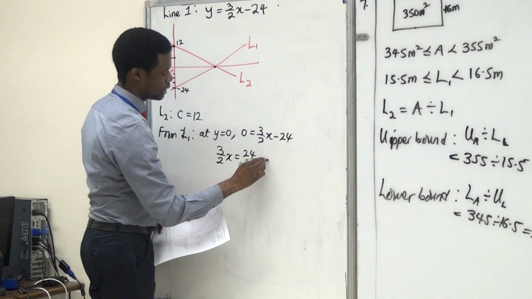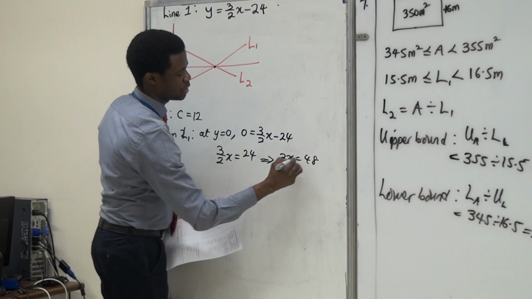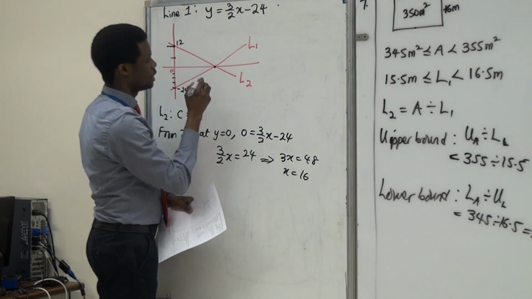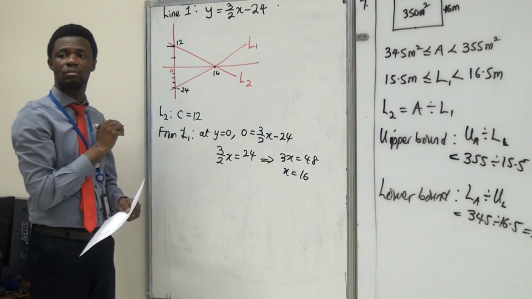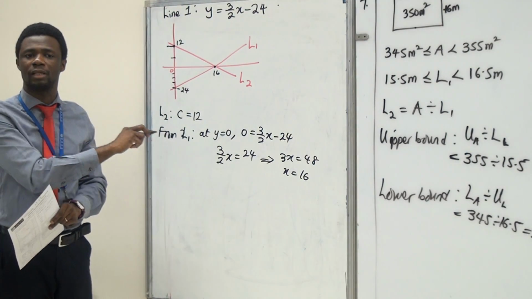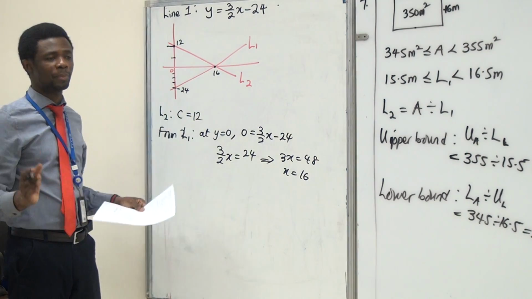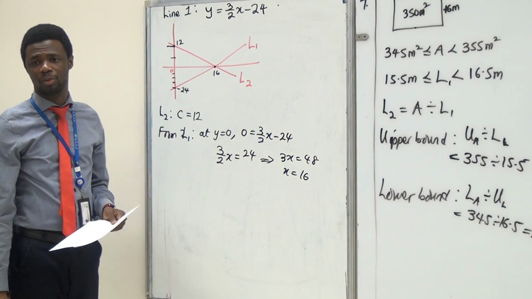That implies that 3x must be 48, which means x is equal to 16. So for getting that 16, I give you points, because these are different things you are working on. Those of you that just jump into saying they are perpendicular or they are not perpendicular are losing a lot of points.